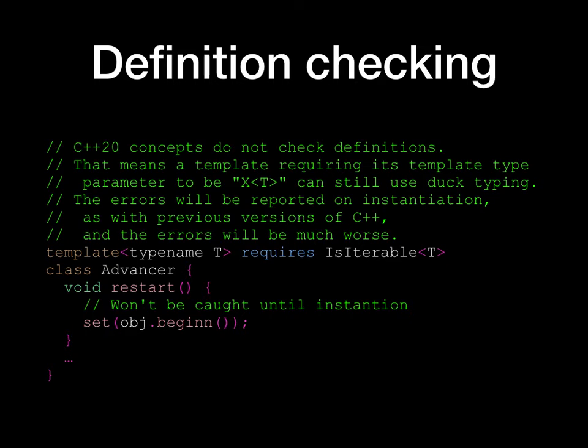This means templates in C++ are still duck-typed, and requiring that your template type argument is a valid is_iterable, for example, will not actually check that in the body of that class you only use operations defined on it.